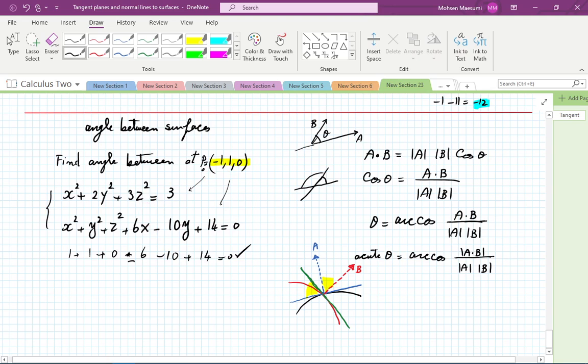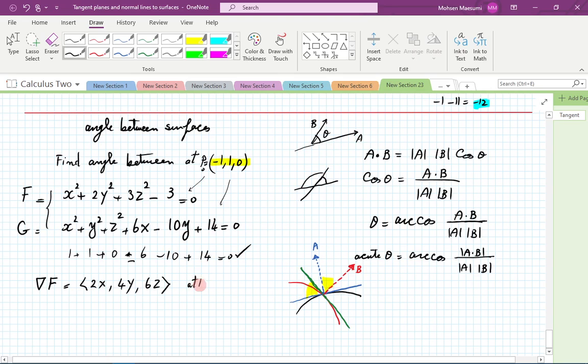Now we go ahead and find the angle between the two surfaces. Let's call this one F and this one G, and to make it a function, let me say minus 3 equal to 0. So F is this function and G is this function. I calculate the gradient of F. That's going to be the normal to F, for example, like this blue vector here. So who is that? The gradient is (2x, 4y, 6z).